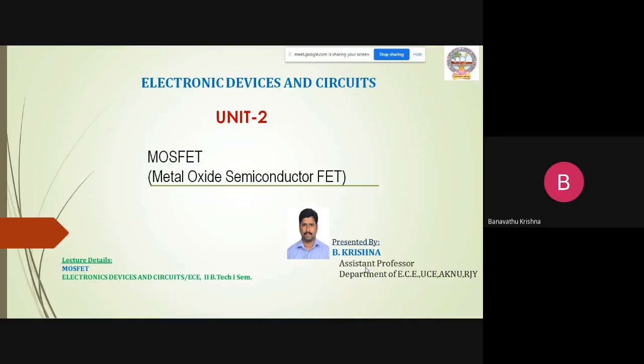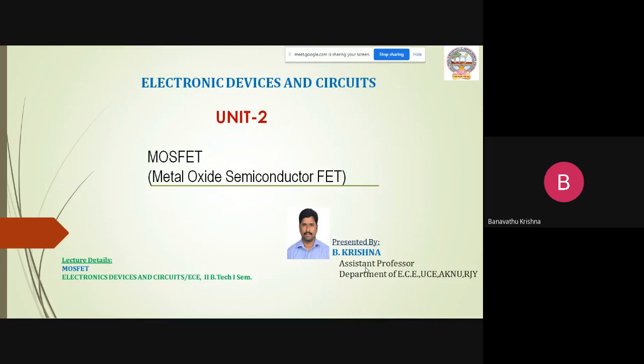Good morning to everyone. Today I am going to discuss MOSFET, the metal oxide semiconductor field effect transistor. In the previous class, we discussed the junction field effect transistor. Here I am going to discuss in detail the metal oxide semiconductor field effect transistor.